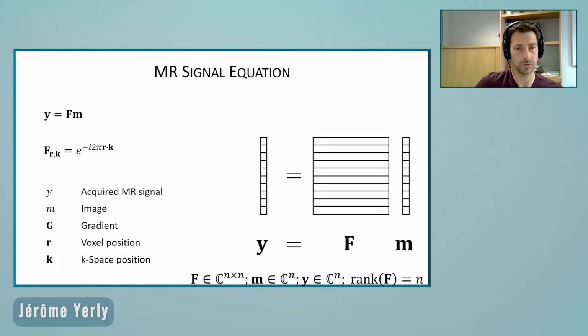M is the image we would like to reconstruct, so these are the unknowns. And F is our Fourier transformation matrix. Now, if we satisfy Nyquist and we acquire the whole K-space, it means that F will have full rank, and we can easily reconstruct the image simply by taking the inverse Fourier transform.